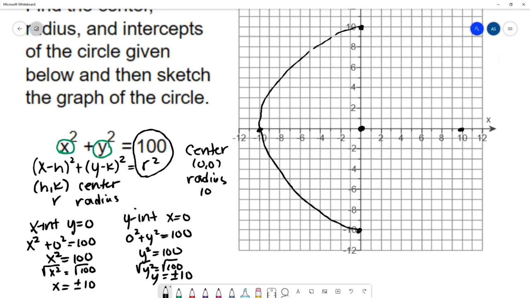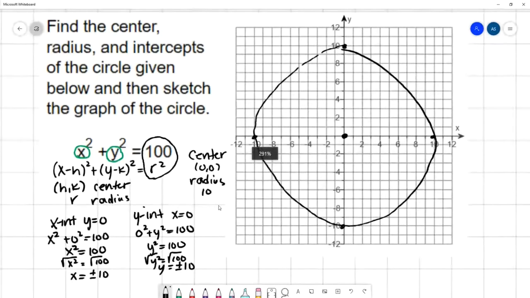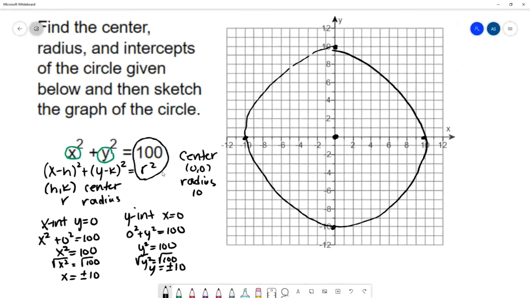And from there we can sketch the rest of the circle. So we have the center at 0, 0, a radius of 10, x-intercepts of positive 10 and negative 10, y-intercepts of positive 10 and negative 10, and a sketch of our graph.